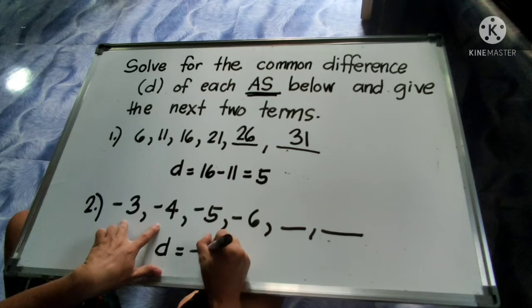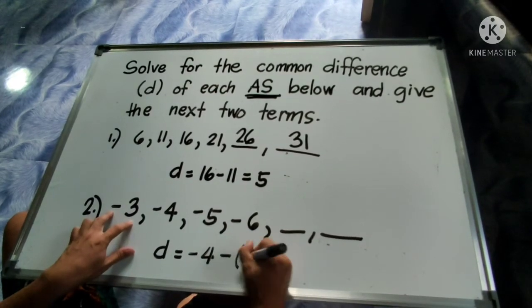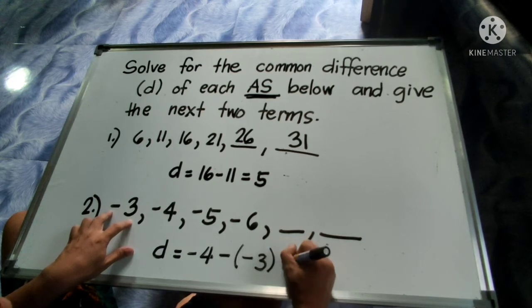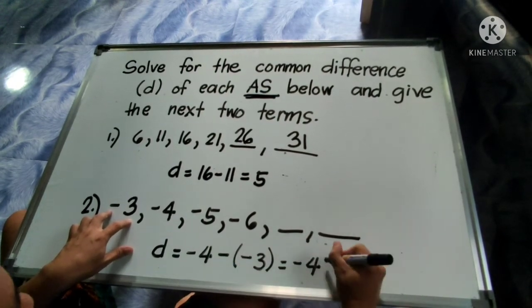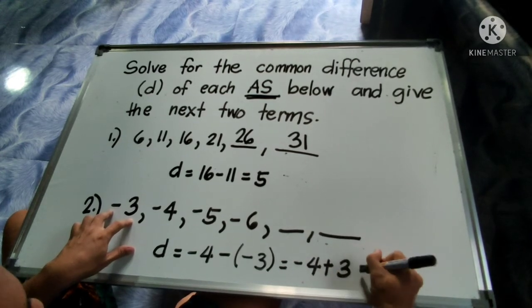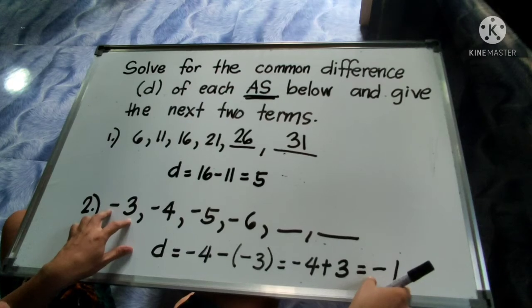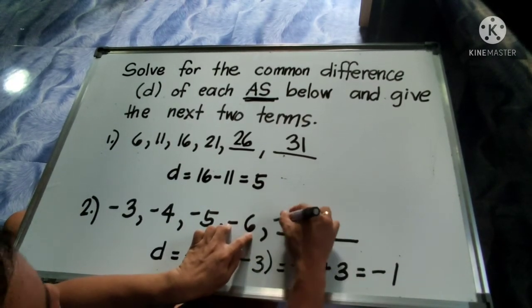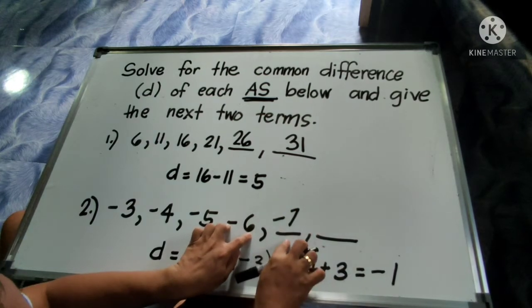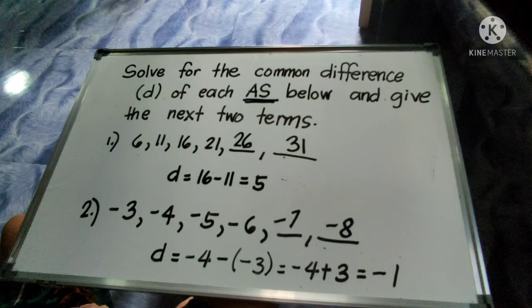So you will have negative 4 minus, enclosed in parentheses because it is negative, negative 3. Simplify it further. You will have negative 4, negative times negative is positive 3. Negative 4 plus 3 is negative 1. So negative 1 will be added to this. Negative 6 plus negative 1 is negative 7. Negative 7 plus negative 1 is negative 8. That's simple.